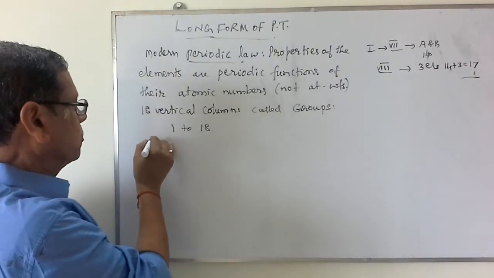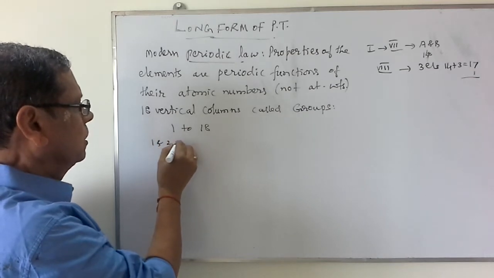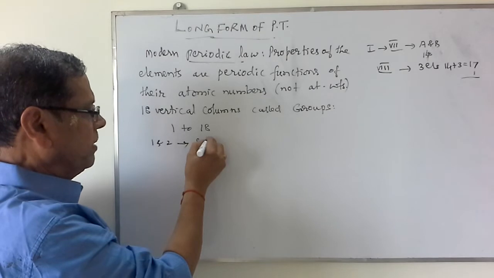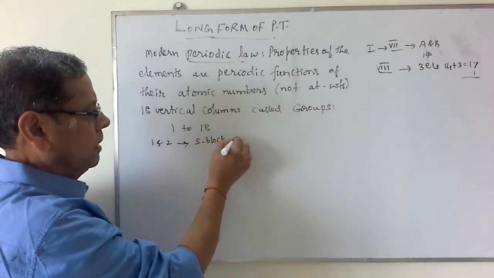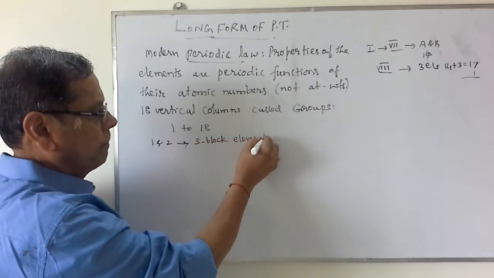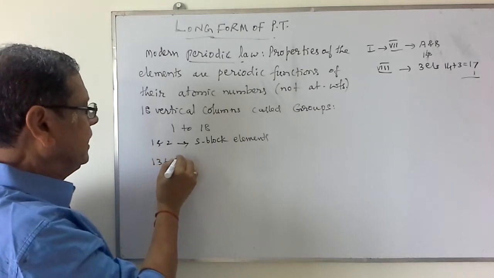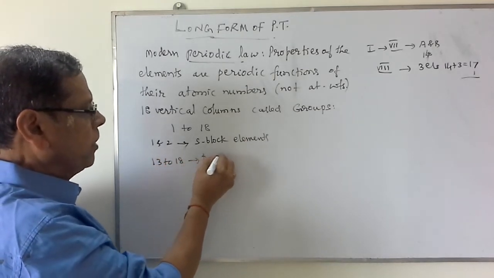The first two groups, 1 and 2, are called the S block elements. Group numbers 13 to 18 are called the P block elements.